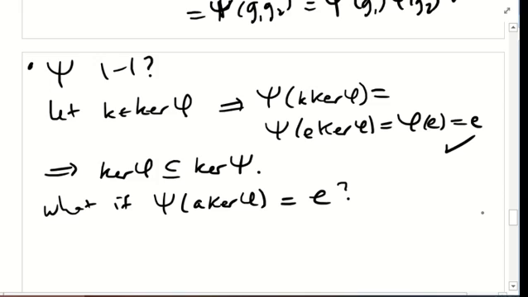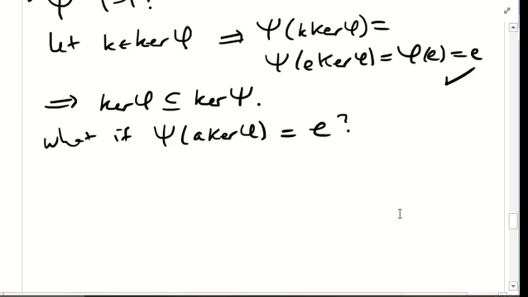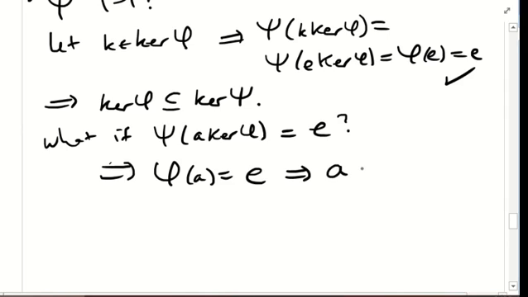Well, then that just means that phi of a is the identity. We showed that that must mean that a is in the kernel, right?